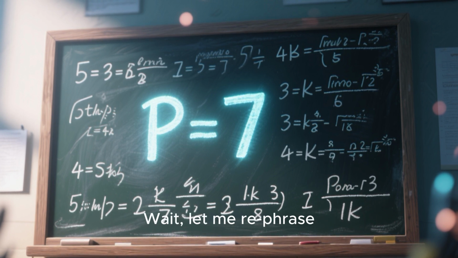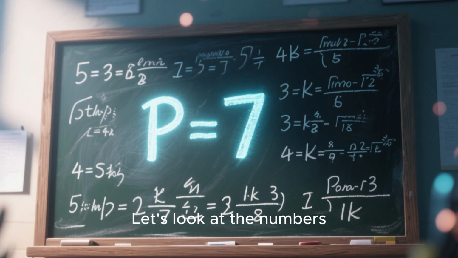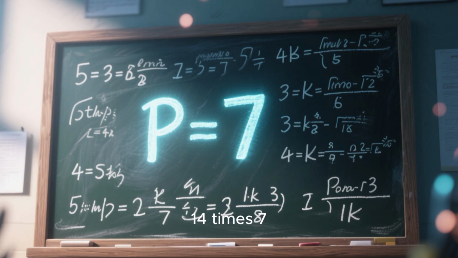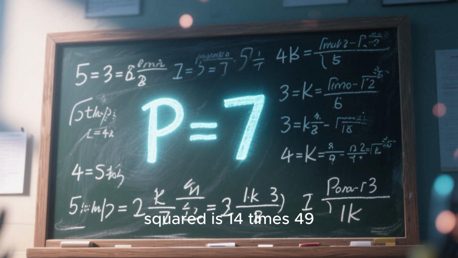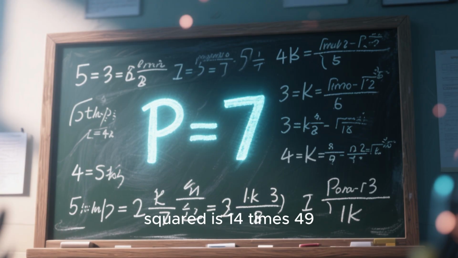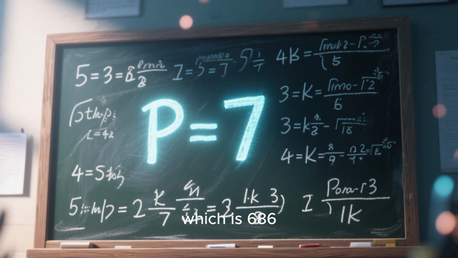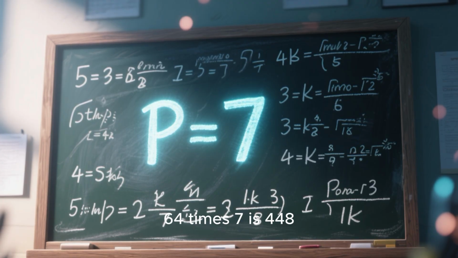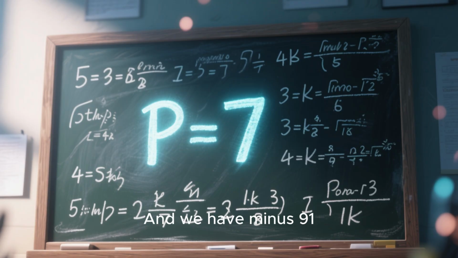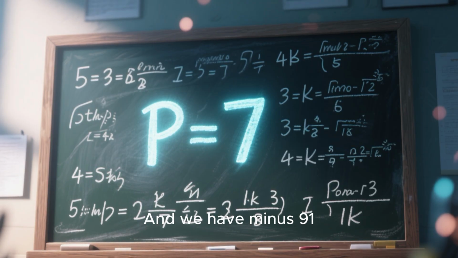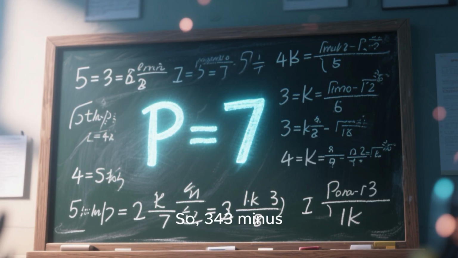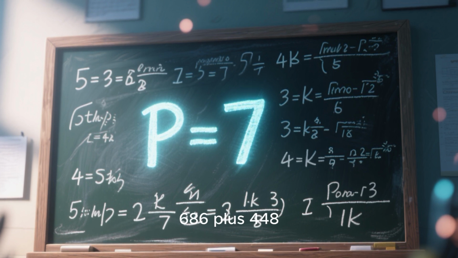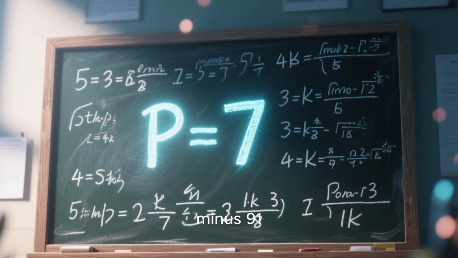Wait, let me rephrase. Let's look at the numbers. 7 cubed is 343. 14 times 7 squared is 14 times 49, which is 686. 64 times 7 is 448. And we have minus 91. So 343 minus 686 plus 448 minus 91.